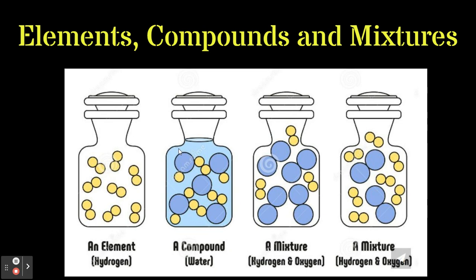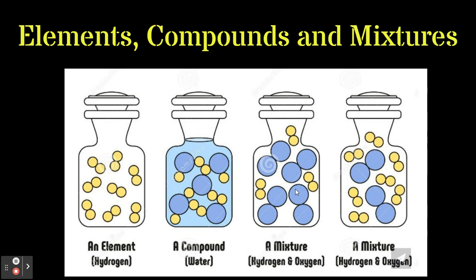In this case, we look at this piece right here, and you see there are two hydrogen atoms and one oxygen atom. So that gives us H2O, which is a compound. We know it as water. A mixture, they touched on that. They said a mixture is a mix of two different types of atoms as well, but no chemical change has occurred.